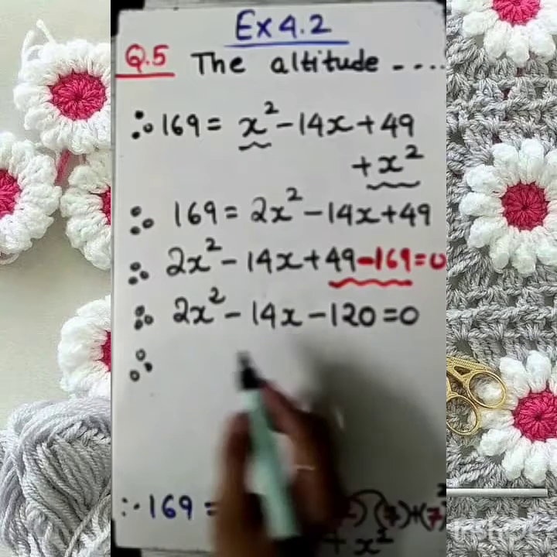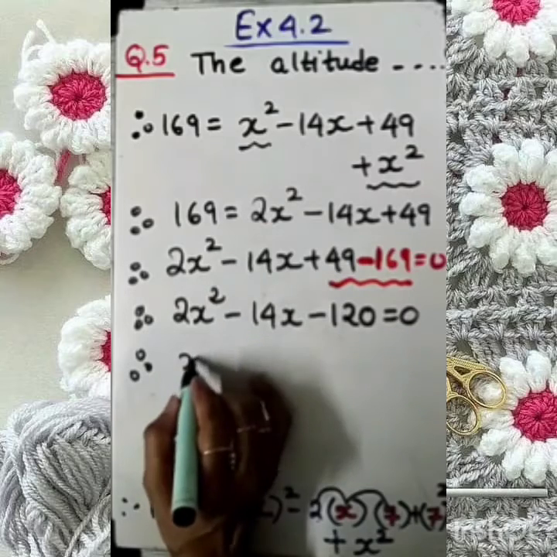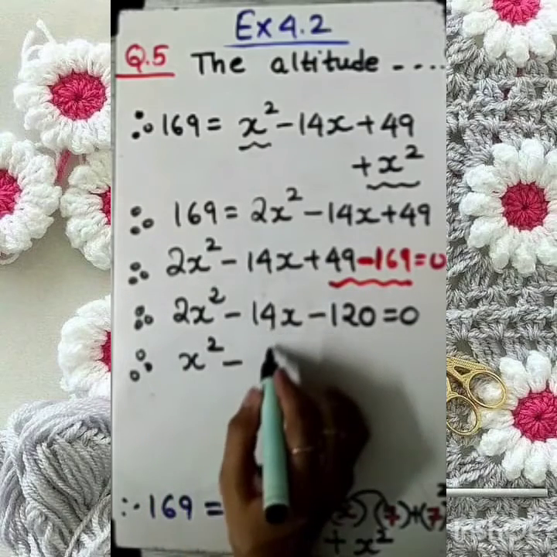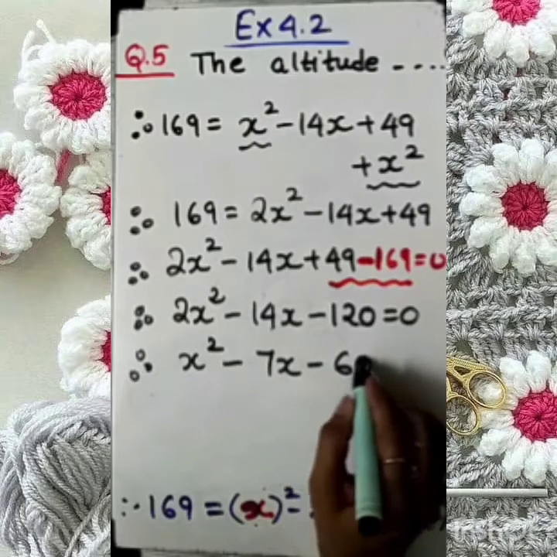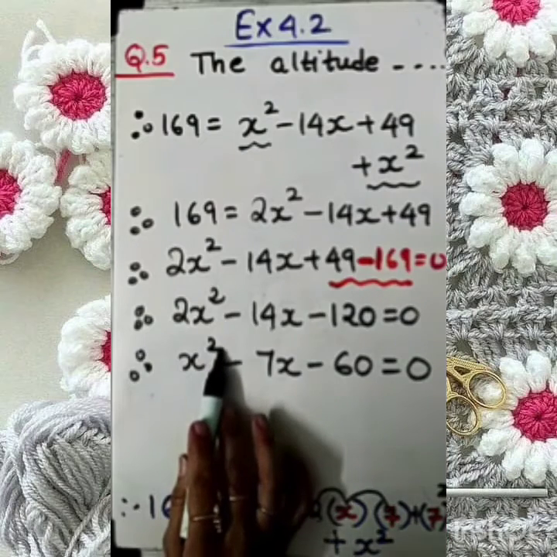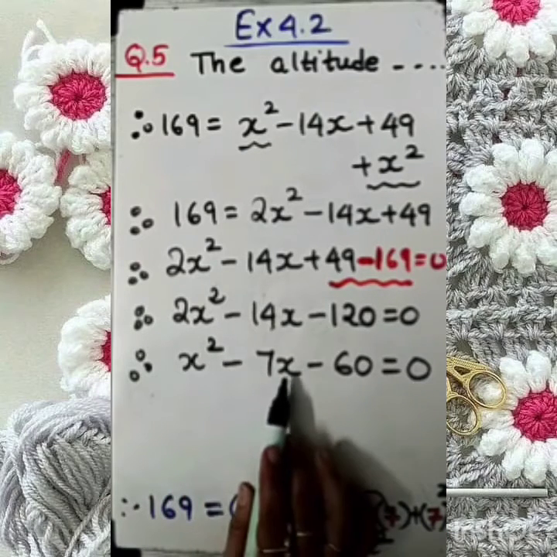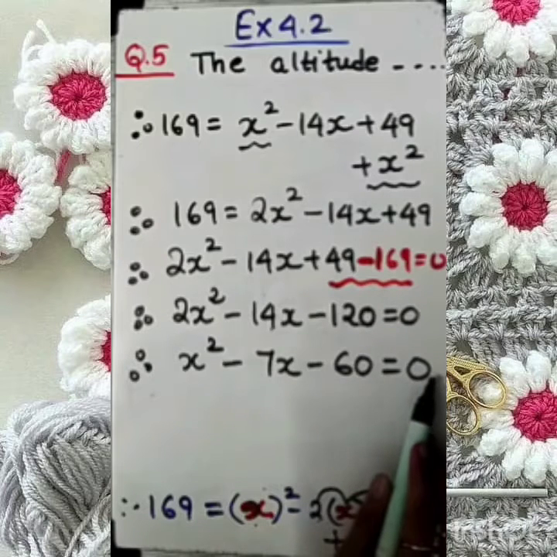So if I divide each and every term by 2, I need to write here x square, 7x to the 14x, and half of 120 is 60. So my final equation will become x square minus 7x minus 60 equal to 0.